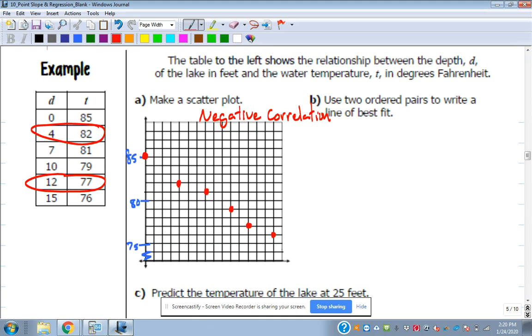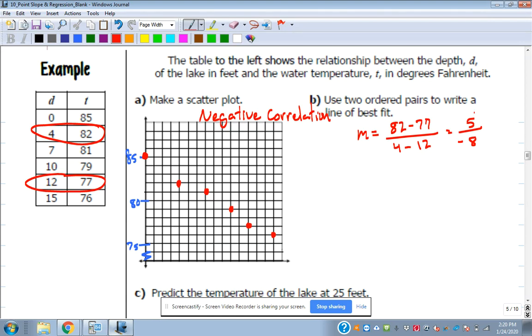Yeah, I've got to find the slope first, right? So 82 minus 77 over 4 minus 12. That's 5 over negative 8. So a negative slope, that makes sense, right? See how negative correlation means negative slope.